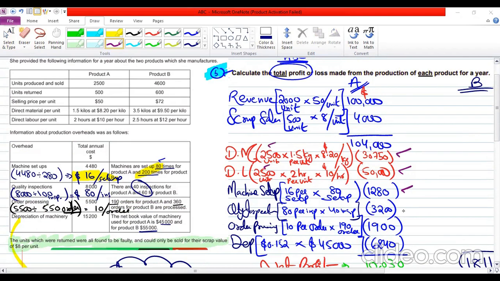Then order processing same. Machine depreciation same. Inspection will remain same. But what additional thing is going to add here in the expenses?